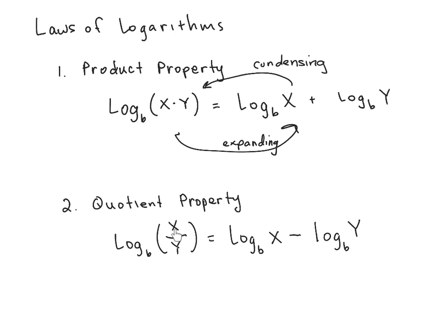The numerator's term is always the first term listed, and the logarithms are separated by a minus sign. Again, going in this direction is called expanding. Going in this direction is condensing. That's called the quotient property.